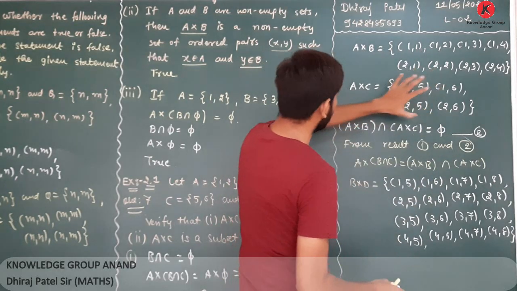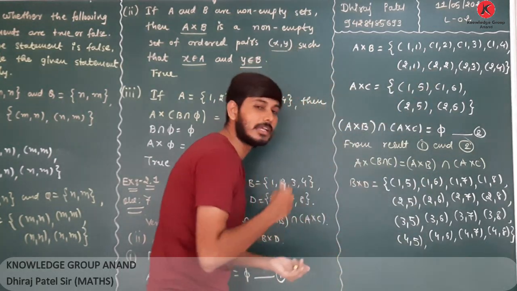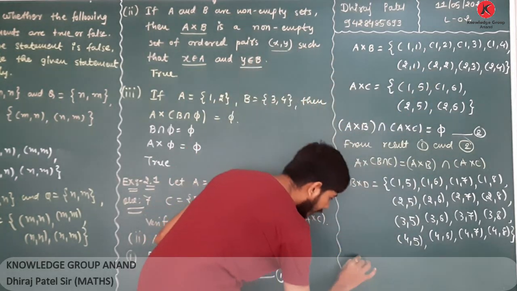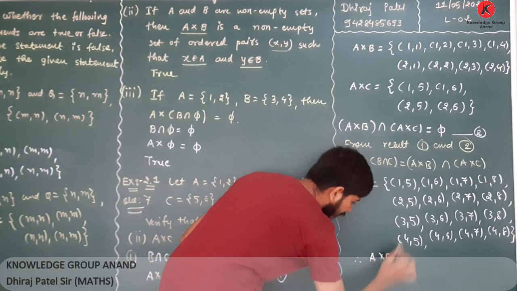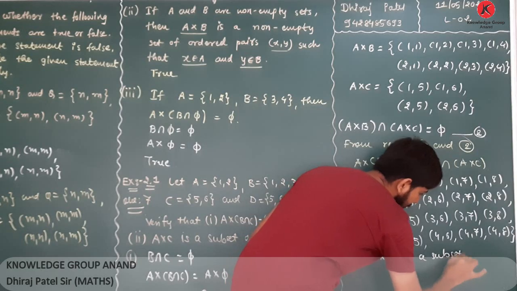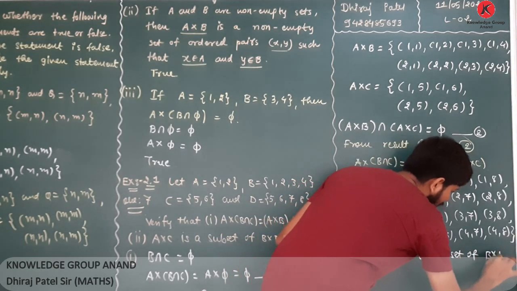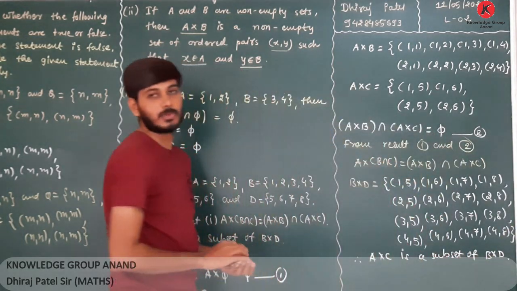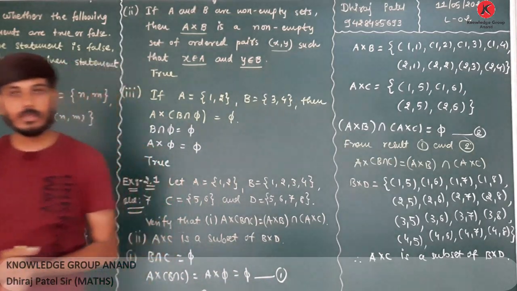So all the elements of A cross C are in B cross D. Therefore we can say that A cross C is a subset of B cross D. Hence proved. Clear? Thank you very much.